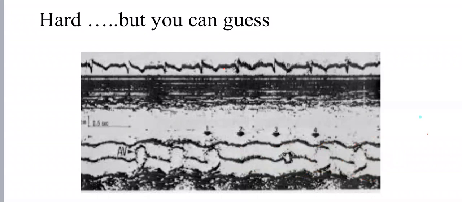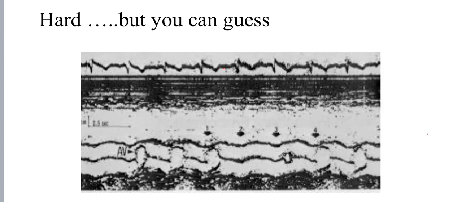Believe it or not, this is a tamponade. How can a tamponade lead to this? Because of the respiratory variation, it leads to a reduction of LVOT flow during inspiration.